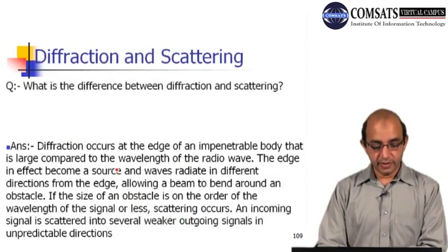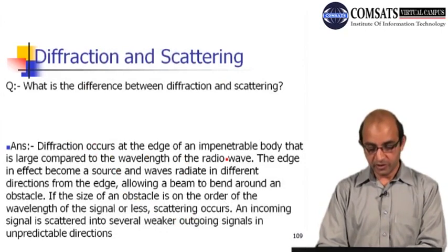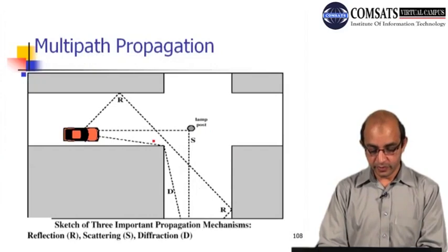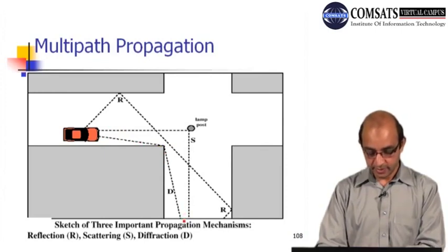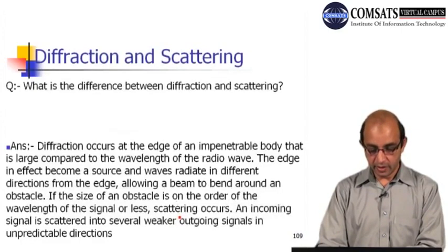So the answer for diffraction and scattering: diffraction occurs at the edge of an impenetrable body, right? If I go back, the actual path can be this. If here we have the source, you can see that the RF wave is bending at the edge, right?